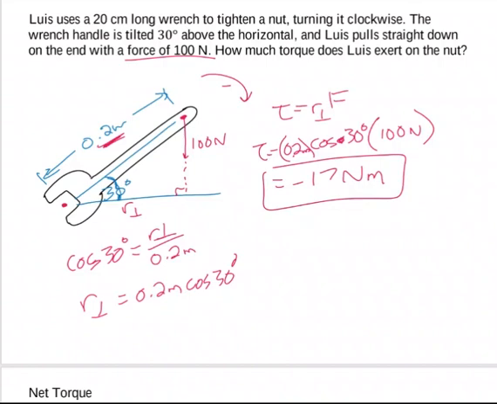If you think about torque in the units you're used to, foot pounds, it was always a distance times a force, right? It's the same idea. Newton meters is what we get here. So negative 17 newton meters tells us that we're rotating clockwise.